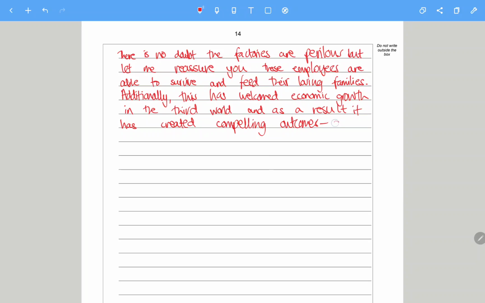Dash, simply superb. So we're trying to put the message across that ever since the fast fashion sector has begun, it has made a life-changing impact to people in the third world.